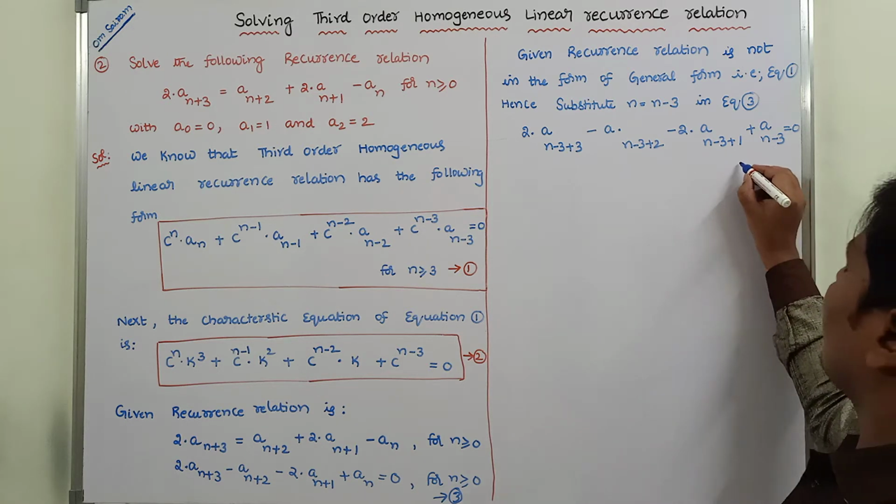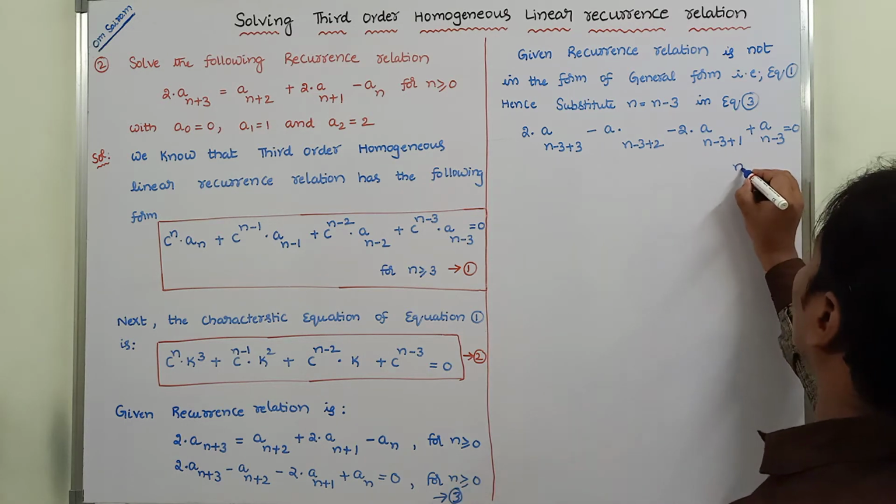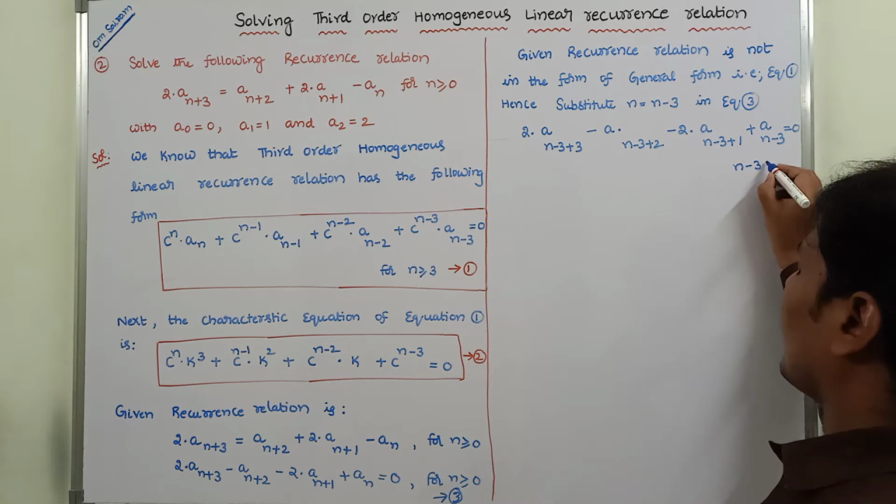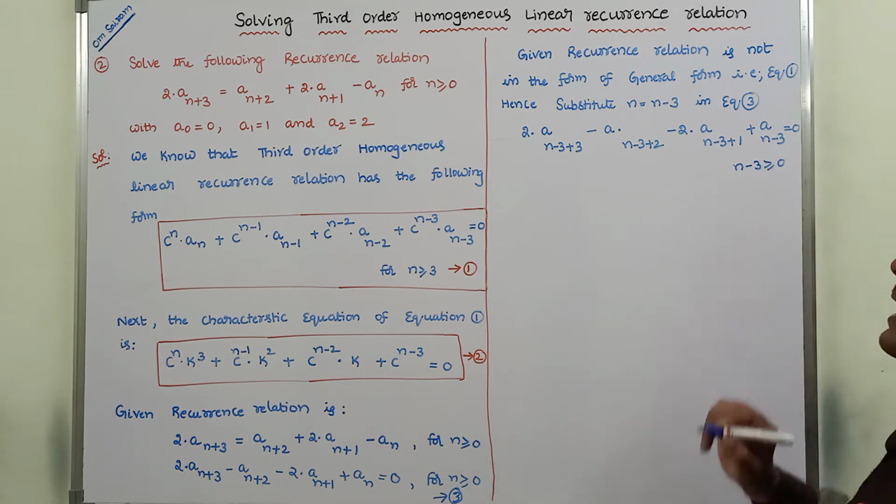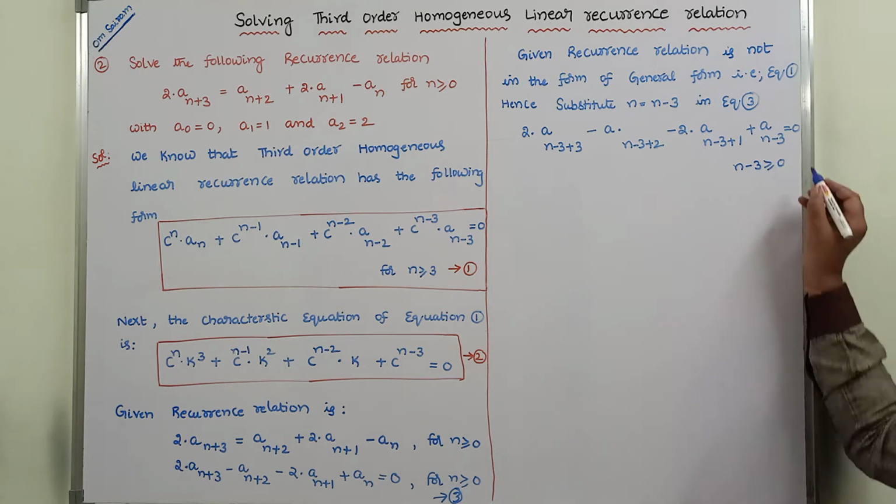Okay, here n greater than or equal to 0, that means in the place of n we are substituting n minus 3 greater than or equal to 0.